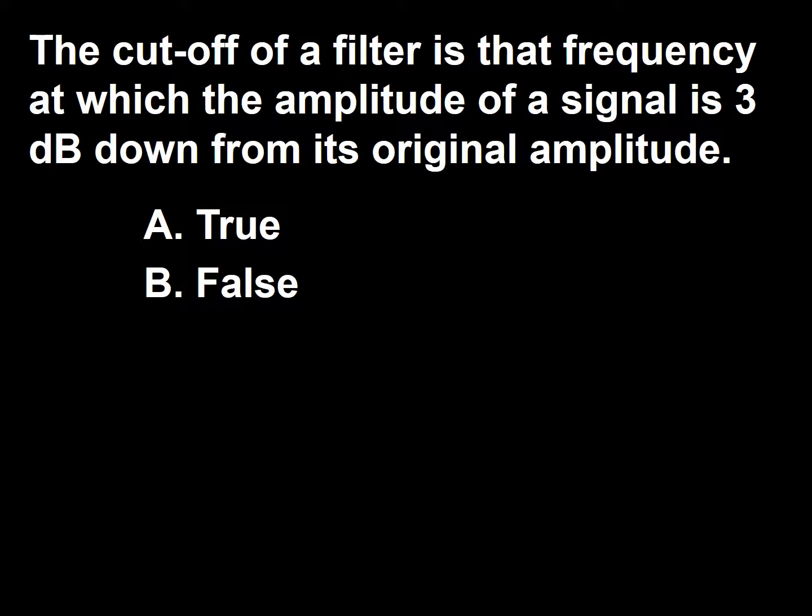Next question. The cutoff of a filter is the frequency at which the amplitude of a signal is 3 dB down from its original amplitude. A, true, B, false. We have just mentioned that the cutoff is the point at which the original amplitude of a wave is reduced to 70% of its value.